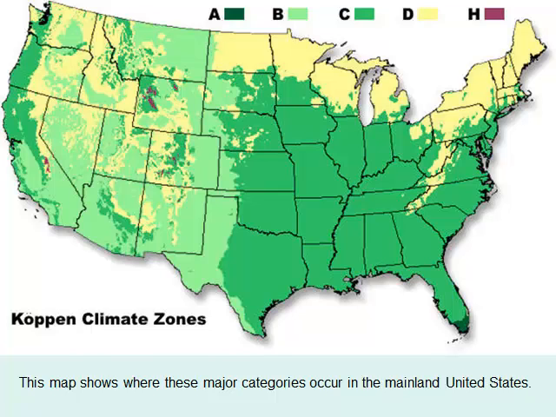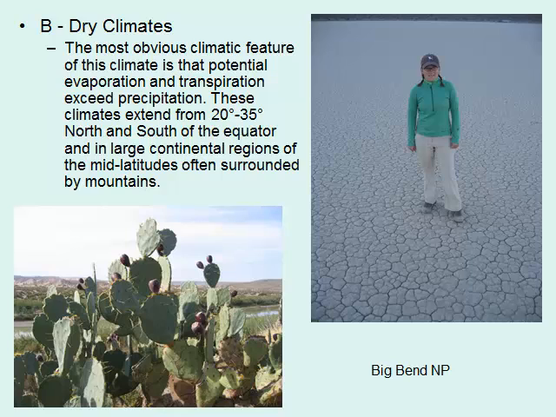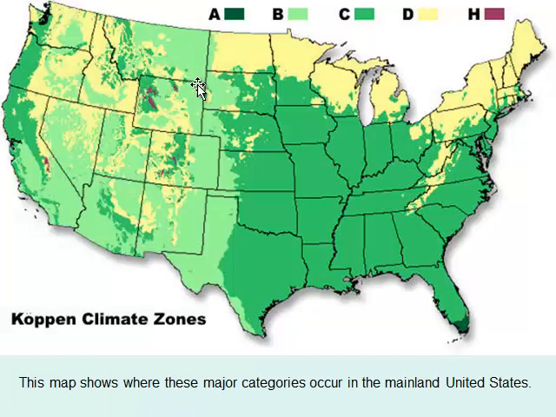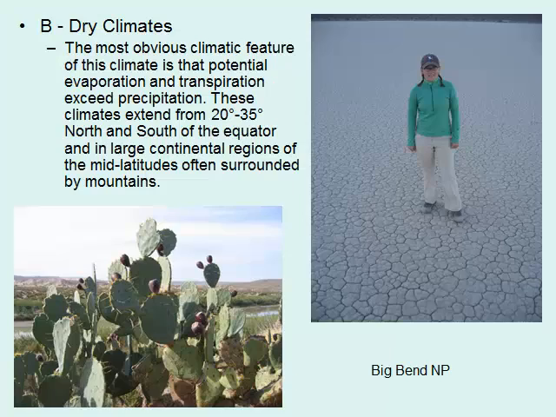The next one would be the B, dry climates. And we see the dry climates tend to be in the west, and the Rockies, in the desert type areas, Arizona, Nevada, Utah, places like that, which are going to be very dry.